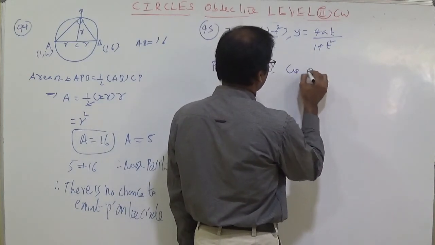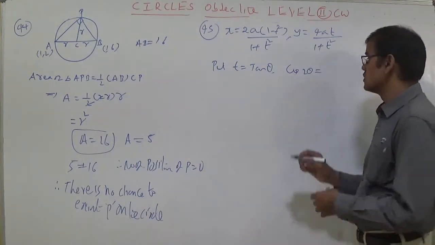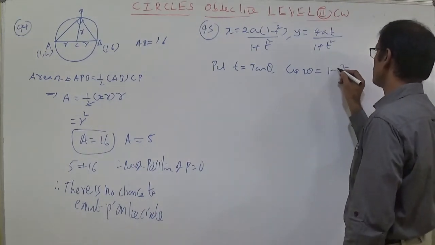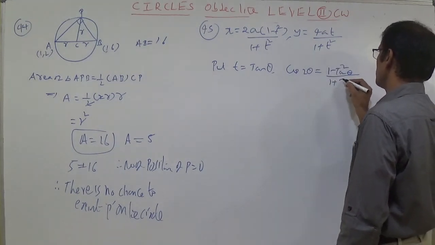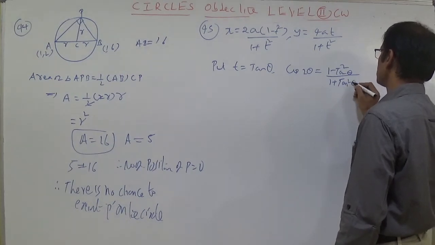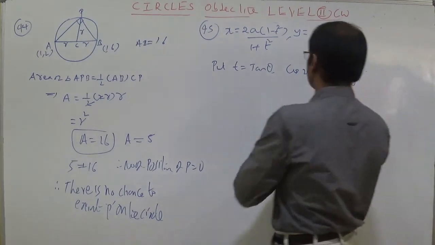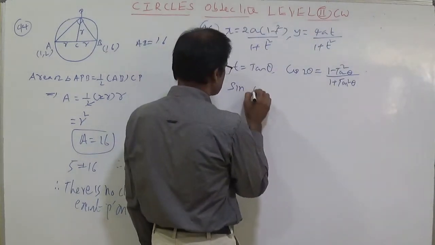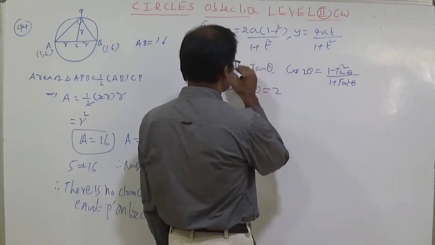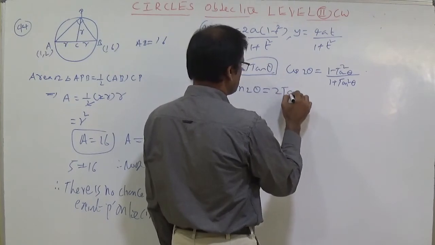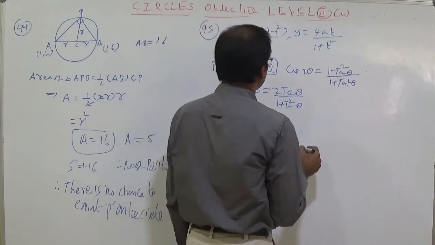Here I am reminding you that cos 2 theta is equal to (1 minus tan square theta) by (1 plus tan square theta), and sin 2 theta is equal to 2 tan theta by 1 plus tan square theta, using t equal to tan theta.